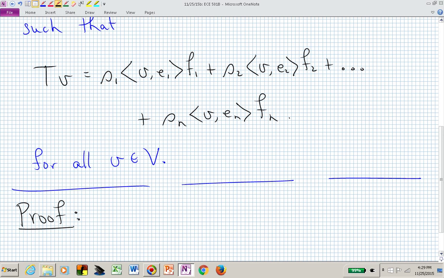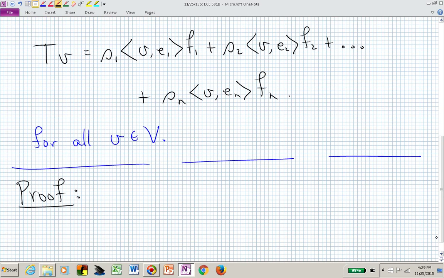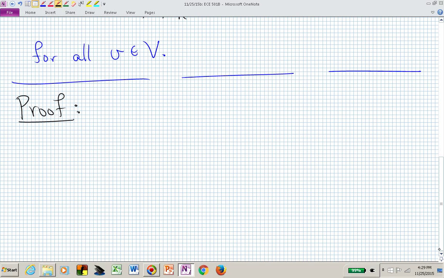So v is decomposed along these basis vectors e1 through e sub n, and we're using that scaling in addition to the singular values to weight the second orthonormal basis set f1 through f sub n. Let's just see where that's coming from.